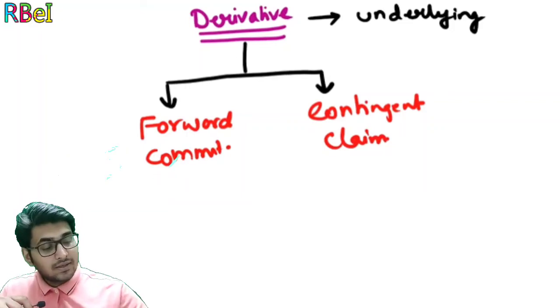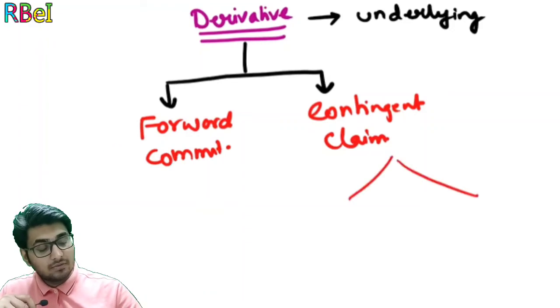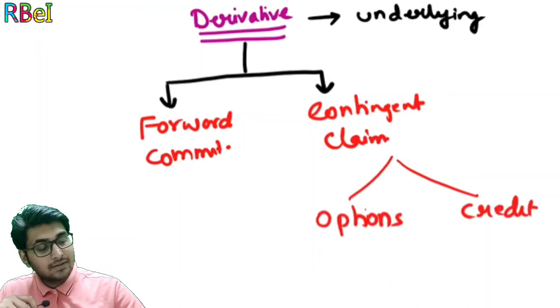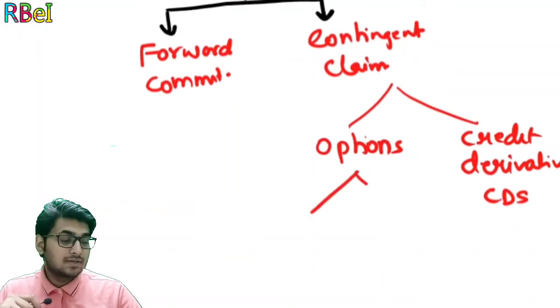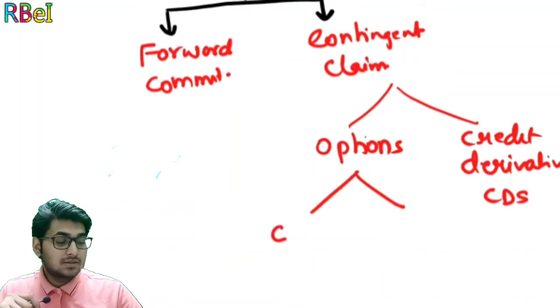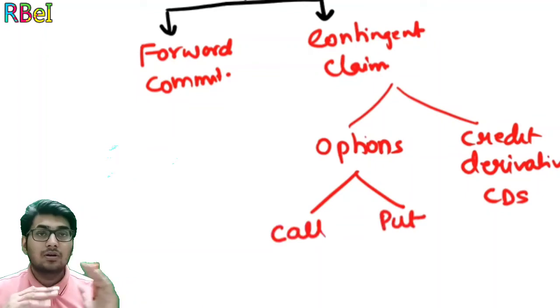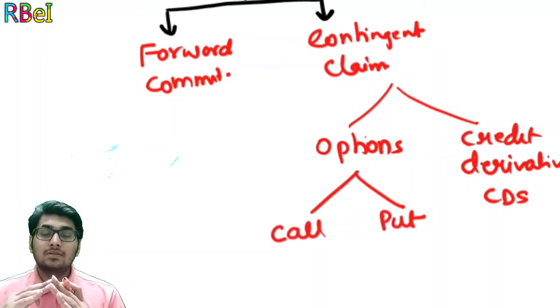Clear? So in the contingent claim, we are going to study two things. One is options, and another one is the credit derivative. The example of credit derivative is CDS, and the examples of options are call and put. So contingent claims are of two types, options and credit derivatives.